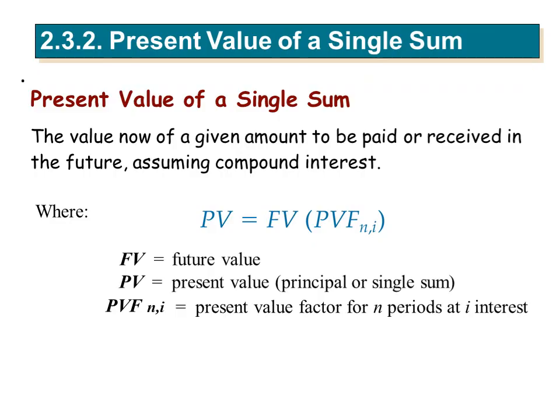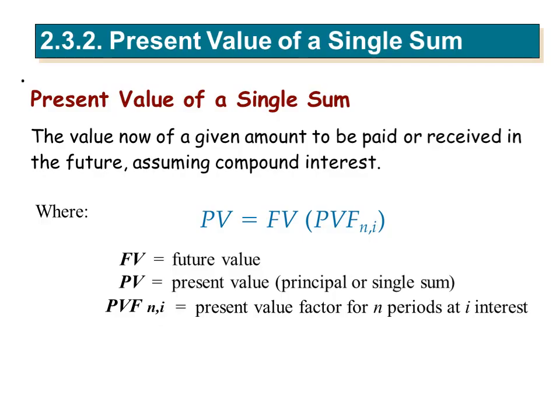The second, present value of a single sum. How can we calculate it? The present value is the value now of a given amount to be paid or received in the future, assuming compounded interest. Present value means what amount of money we have to invest today to get something in the future.